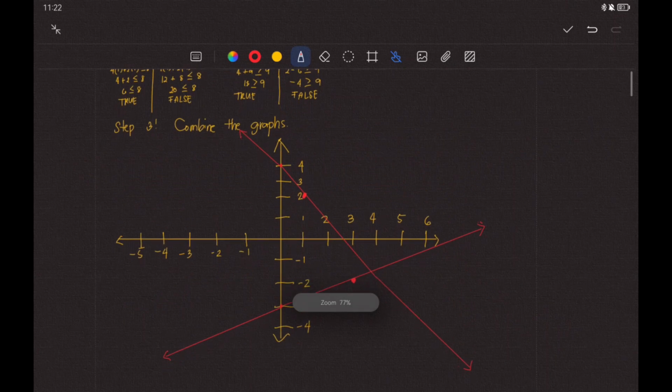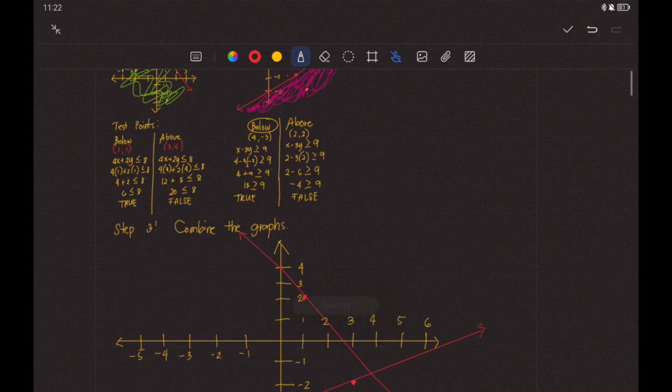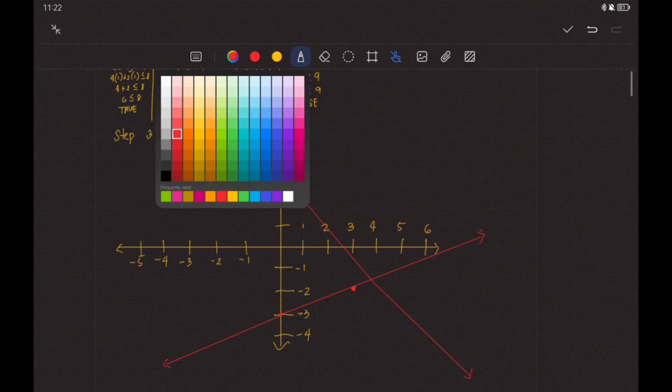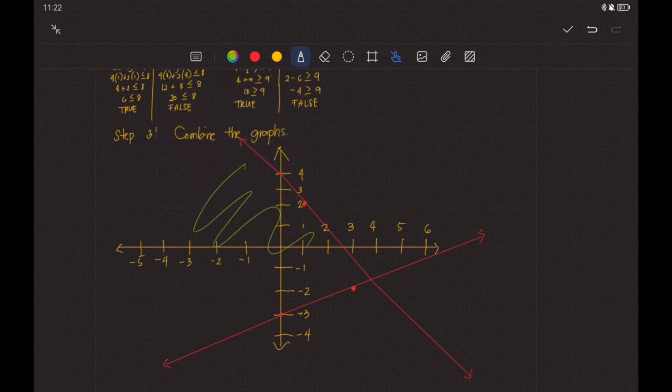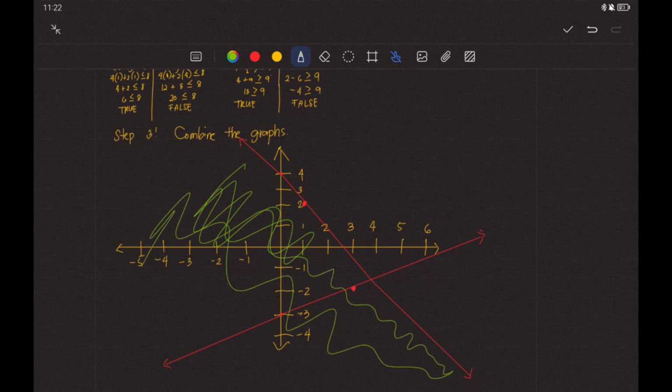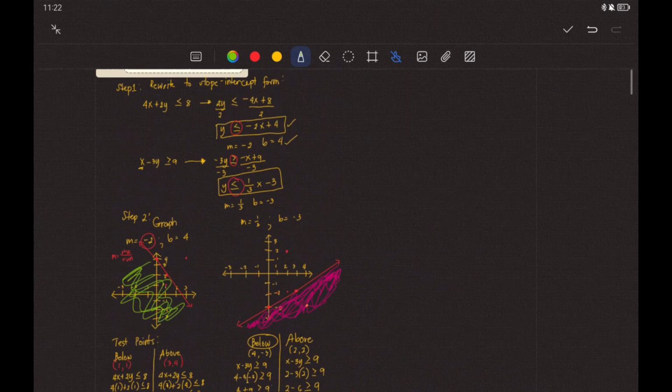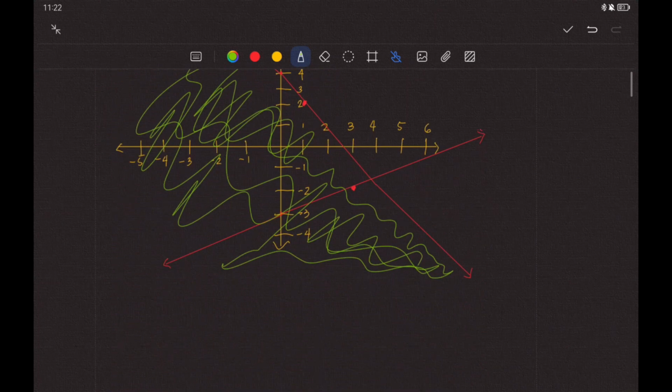For the shaded region, for graph number 1 is below. For graph number 2, we also have below.